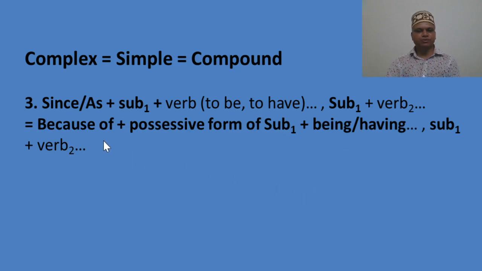We use "because of" at the beginning of the sentence, then the possessive form of subject 1. Then if the verb is to be, we use being, that is the ing form. If the verb is to have, we use having, and then we use the rest of the sentence. And the second clause will be the same.